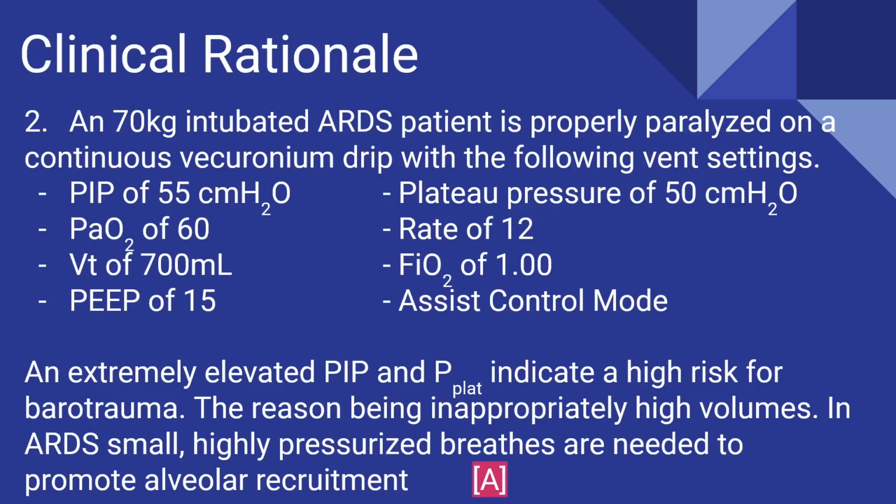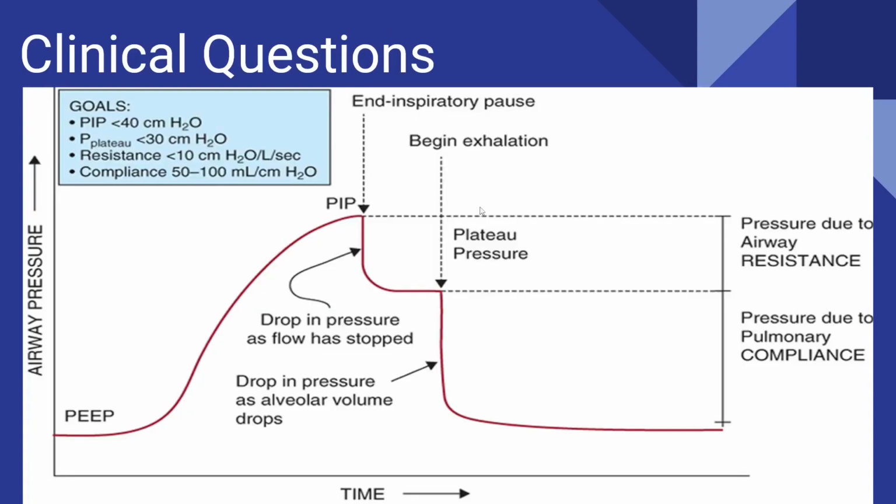So the resolution would be to lower the tidal volume to avoid barotrauma. That's the big concern with this patient, that their inspiratory and plateau pressures are too high, which could eventually cause some trauma. And here's the image to remind what the peak inspiratory and plateau pressure look like.